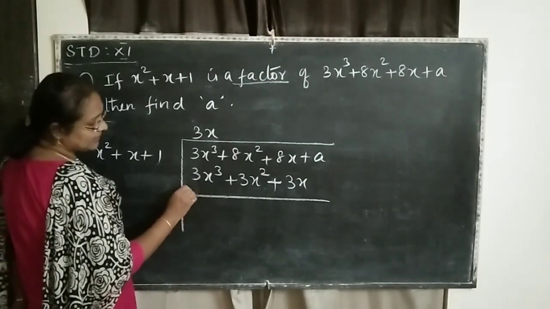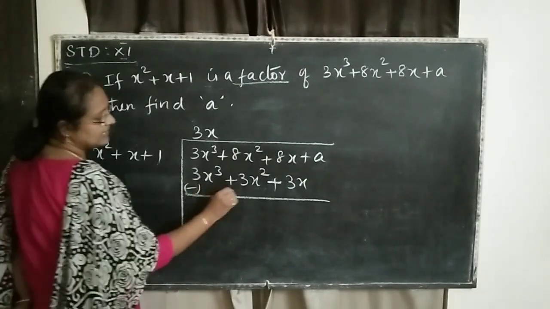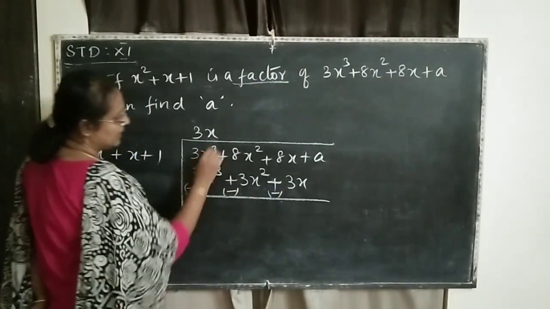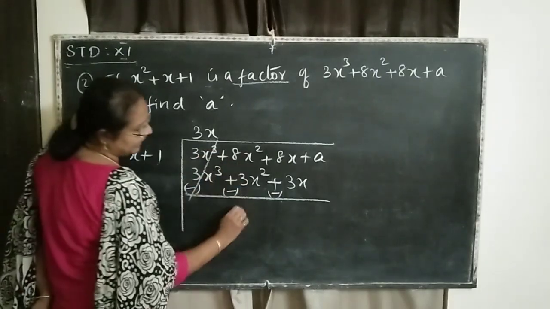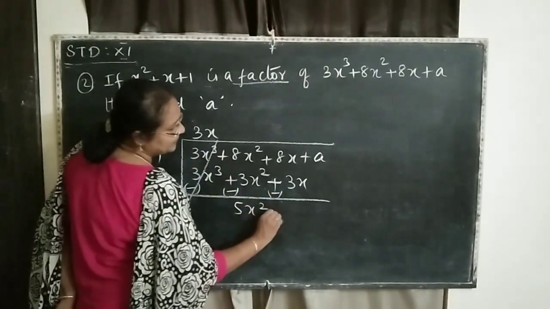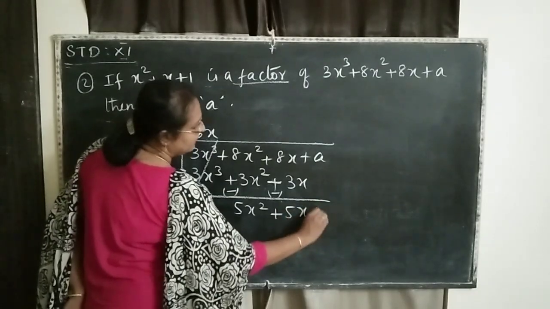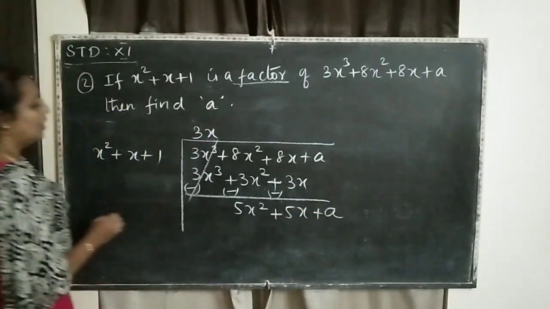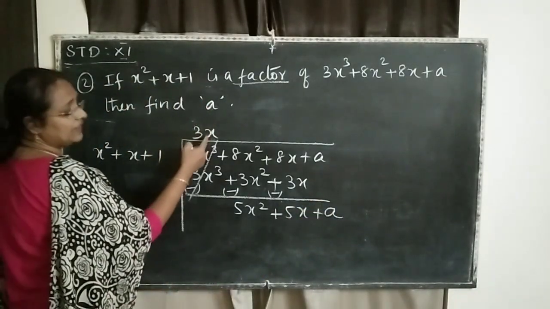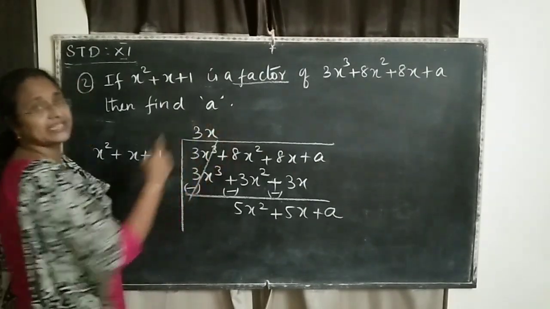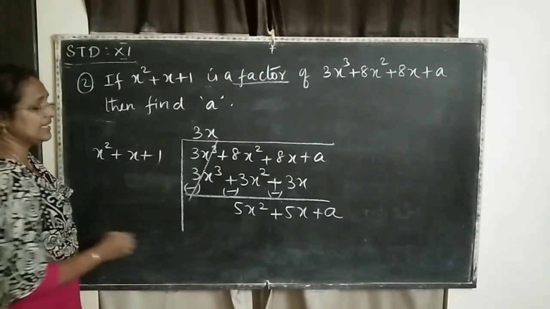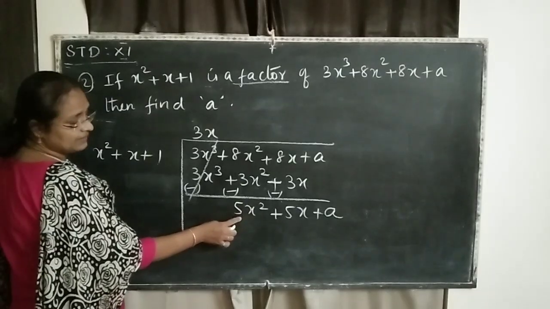Okay, now subtract it, change the sign, minus, minus, minus. Now this is getting cancelled. I get 5x squared plus 5x plus a. Yes or no? Okay. The next term, since it is only x to the power 1, definitely the next term should be a constant term, isn't it? Now look into this. The first term is 5.